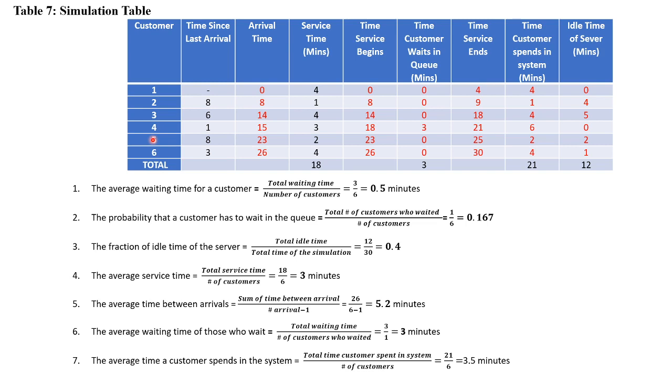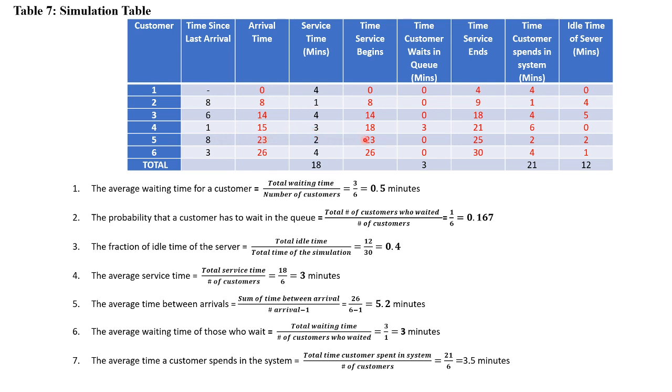Customer 5 came in 8 minutes after customer 4 entered the system. So the arrival time is going to be 15 plus 8, which is 23. We know the service time for customer 4 to be 2.